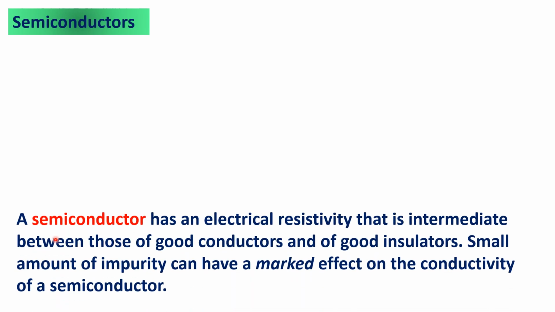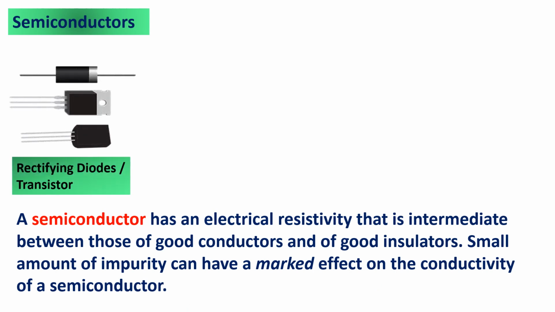We'll begin by describing what we call semiconductors. We say that a semiconductor has an electrical resistivity that is intermediate between those of good conductors and of good insulators. A small amount of impurity can have a marked effect on the conductivity of a semiconductor.